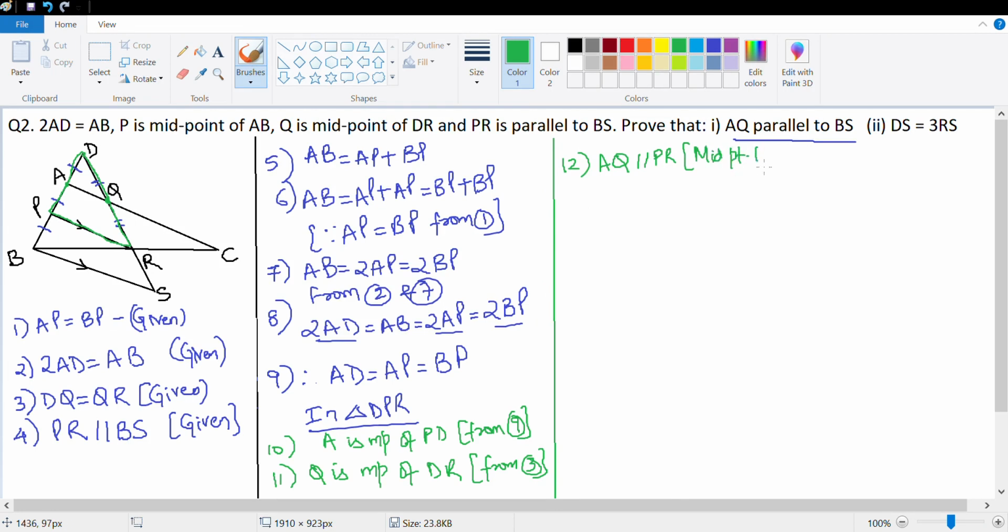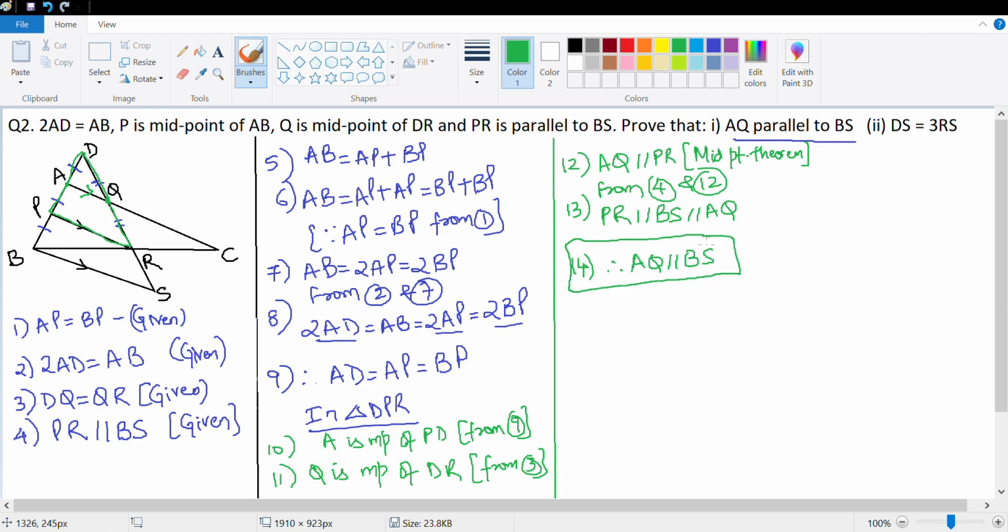Perfect. So now I have AQ parallel to PR, but PR is given parallel to BS. So number 13 would be from 4 and 12. Combining 4 and 12, I get PR is parallel to BS, which is parallel to AQ. So number 14 would be, therefore AQ is parallel to BS. This is what they wanted me to prove. So my first part of this question is done.